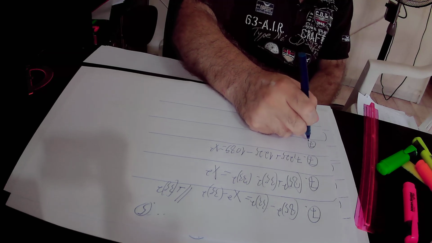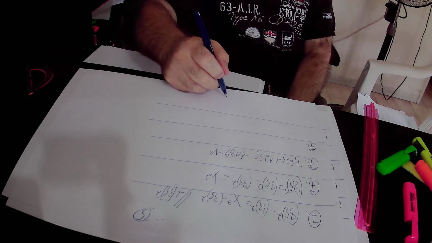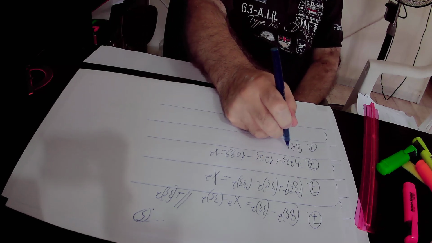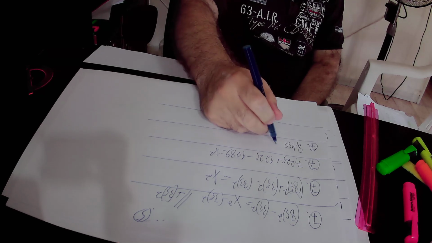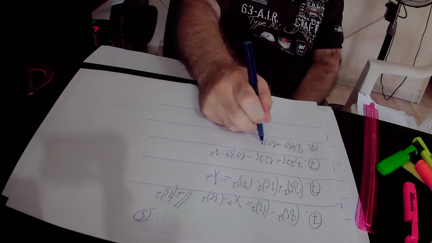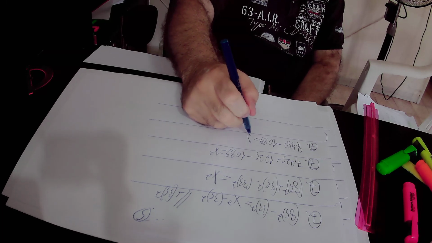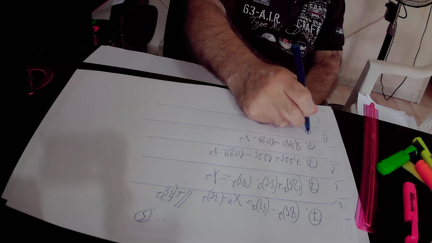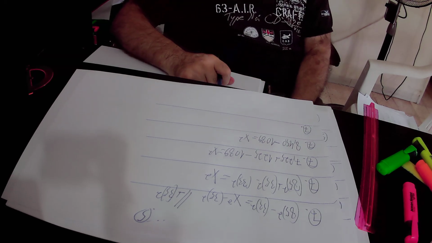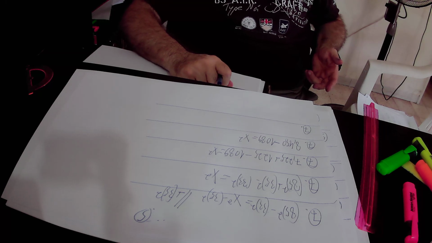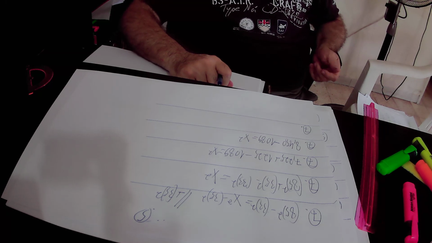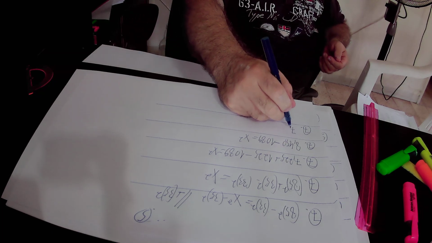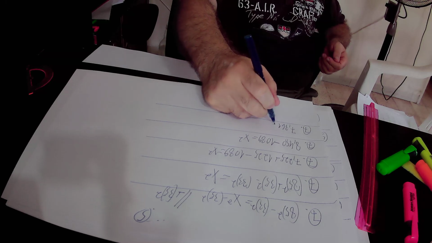So here 7,225 plus 1,225 is 8,450 minus 1,089, that is equal to x squared. So 8,450 minus 1,089 equals 7,361, that is equal to x squared.